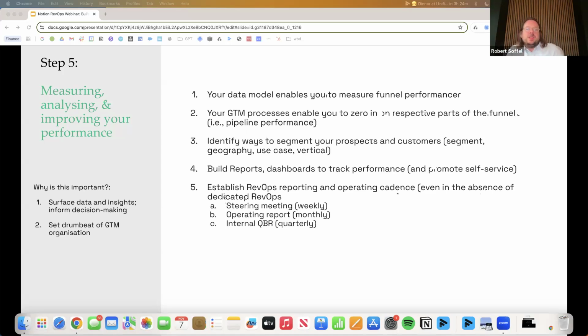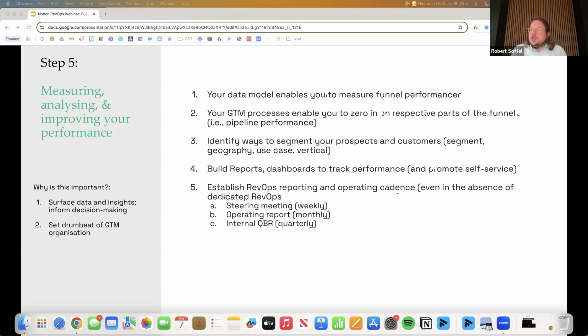Which for me, I think more importantly, is establishing a RevOps operating and reporting cadence, even in the absence of a RevOps person, right? That is getting in the habit of using data to drive your pipeline meetings, your deal reviews, your forecast meetings.